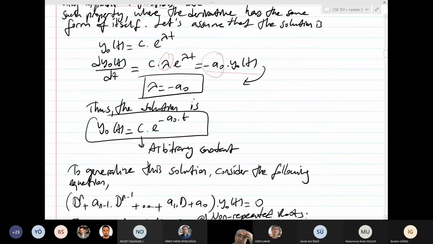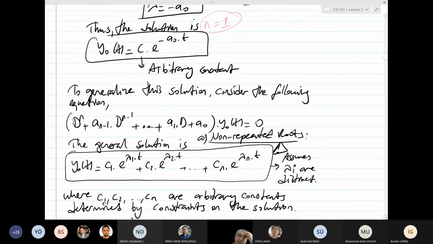So the solution when n is equal to 1 is y0 of t equal to c times exponential minus a0 t, where c is an arbitrary constant.